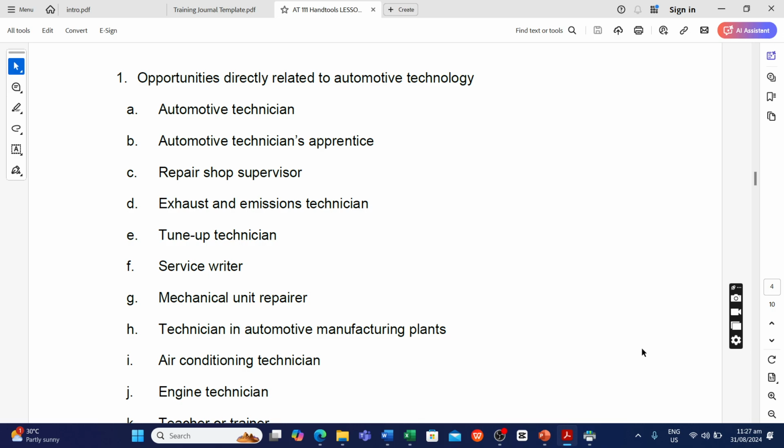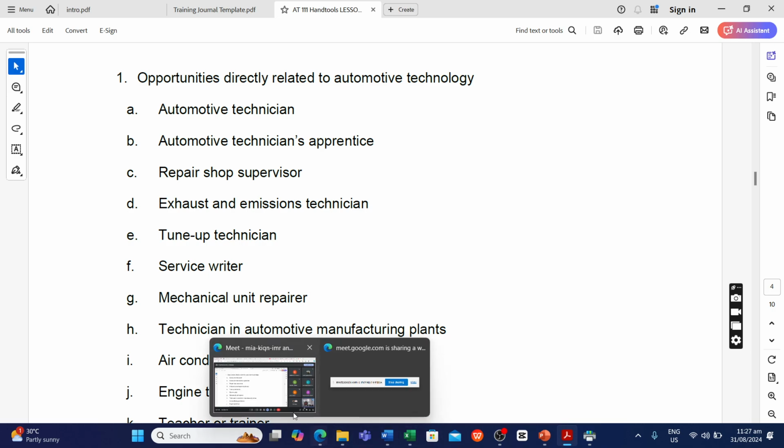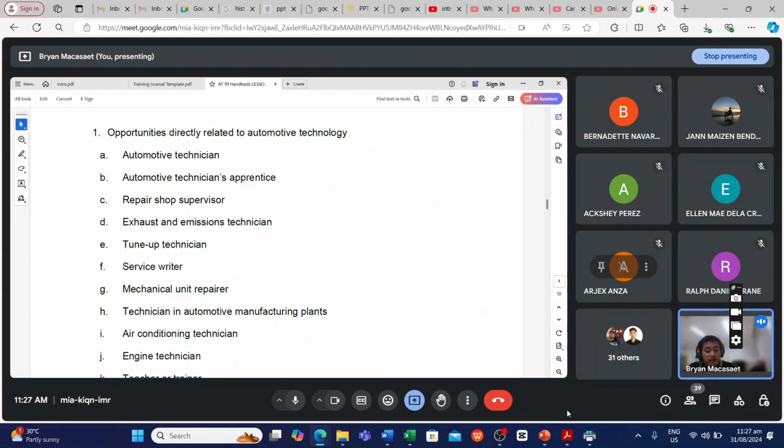Pag sinabi natin automotive technician, they are the ones responsible for direct repair of automotive vehicles. Letter B, automotive technician's apprentice. Yung apprentice sa Tagalog, edi yung alalay, katulong, o kaya yung trainee, or yung tinetrain para dun sa automotive works. Yung iba naman, OJT.